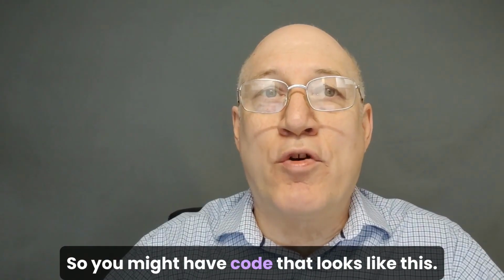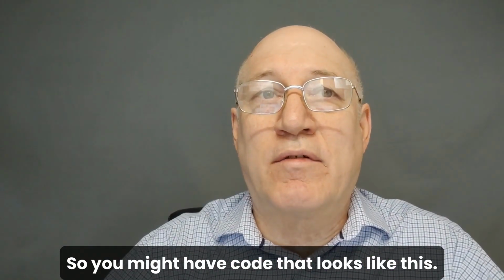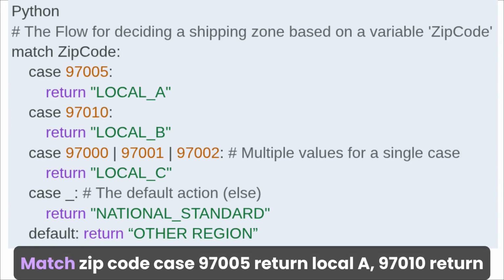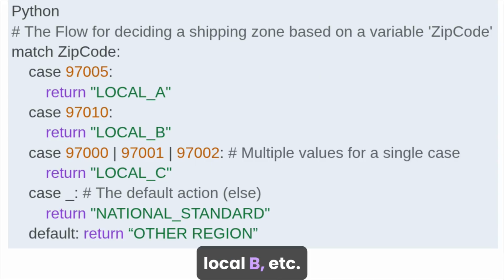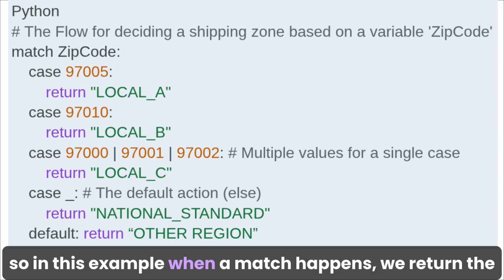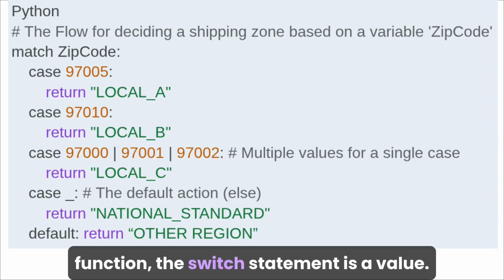So you might have code that looks like this: match zip code, case 97005, return local A, 97010, return local B, etc. In this example, when a match happens, we return from the function.